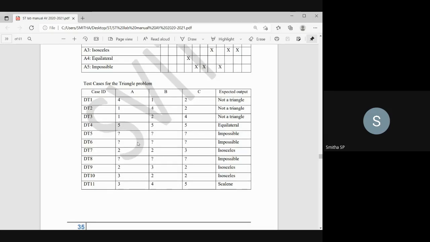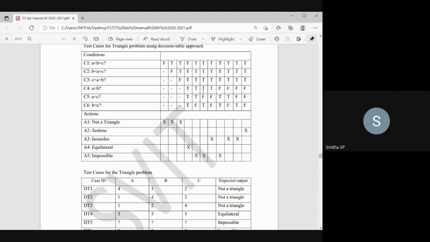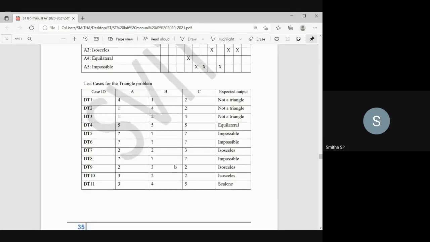You can't give values for such conditions. If you go through these impossible cases, you can check it. A is equals to B, A is equals to C. Since B should be equals to C, you can't give entries over there. Inputs can't be given, that's why it is said to be impossible. You can't give entries likewise. So those are the impossible cases.